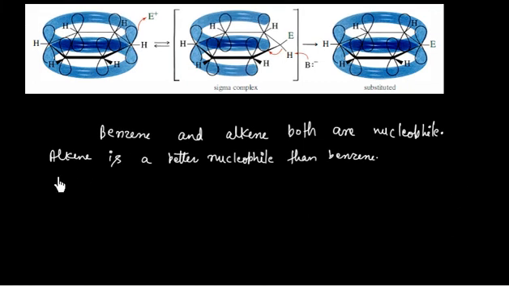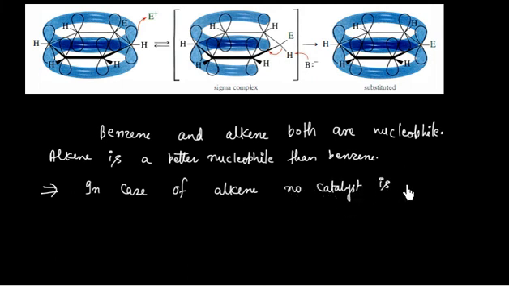In the case of alkene, no catalyst is required. For example, if I have an alkene and I react this with bromine, it will simply give the addition product.